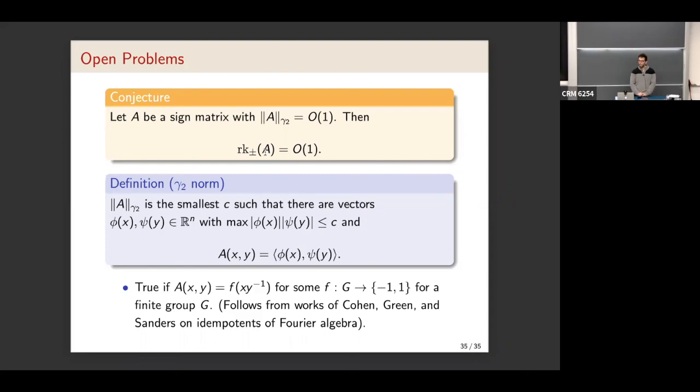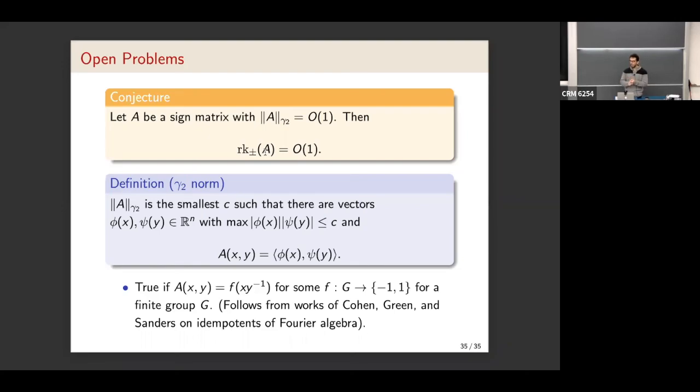Yes, so for this type of matrix, I believe Cohen and Zhao show that the growth norm, which is like the dual of gamma 2, is equal to 1 over n times the operator norm. Is that related to Cohen, Green, and Sanders? Yeah, so the relation is that the operator norm is exactly equivalent to the dual of gamma 2.